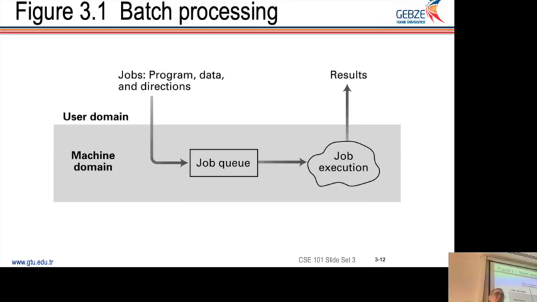So the older one, batch processing, the olive oil issue: you get the job, there is a queue, and you assume that it is just. Then through the queue, there is an executing machine, the olive oil pressing machine. Then the results come out one by one. So that is what batch processing is.